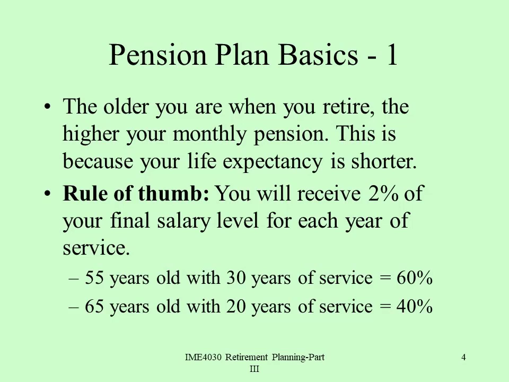And so they would take 60% of your final salary, and that would be your pension. That's a rule of thumb. Let's say that you're 65 years old with 20 years of service. Well, 40% of your salary would then be your retirement plan. That's with the rule of thumb approach. Let's go to slide number 5.